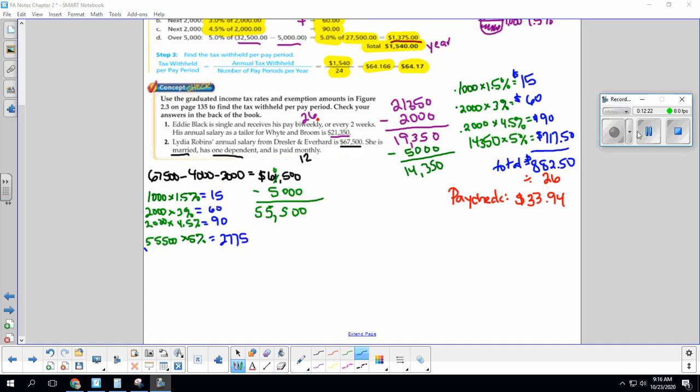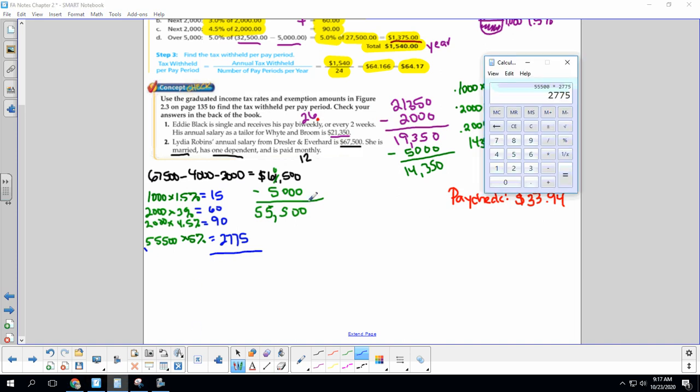All right, so we're going to total our taxes. So it's 2,775, plus 15, plus 60, plus 90. Total tax is $2,940.